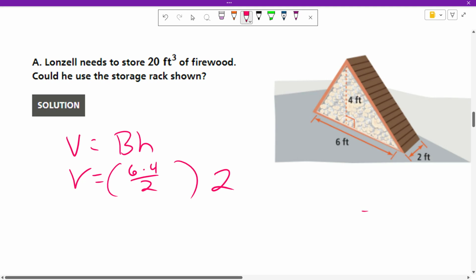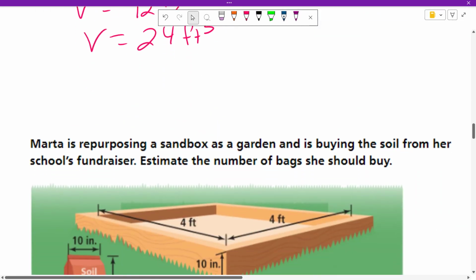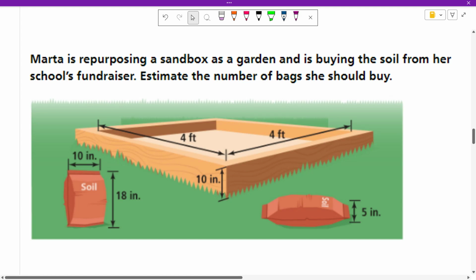A base is whatever shape is not a rectangle in a prism, and the height is the distance between the two bases. 6 times 4 divided by 2 is 12, times 2 is 24. So you have 24 cubic feet. He has 20 cubic feet of firewood. Will it fit? Yep, it will fit. All right.